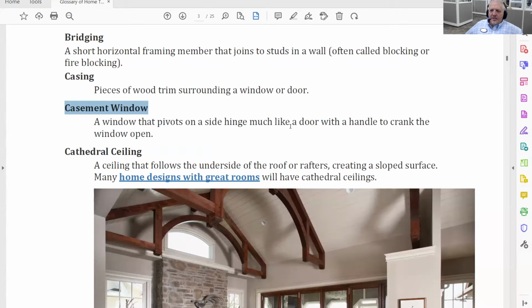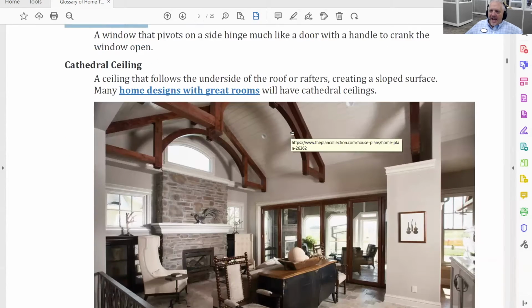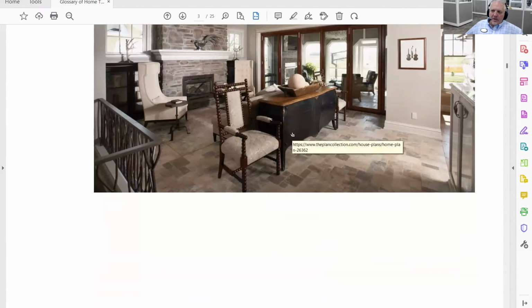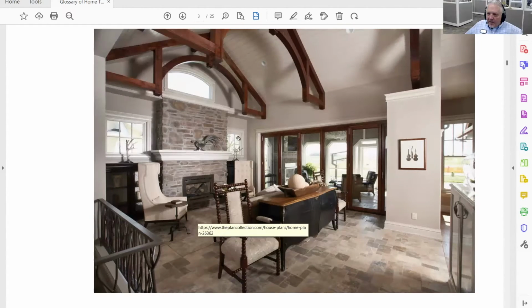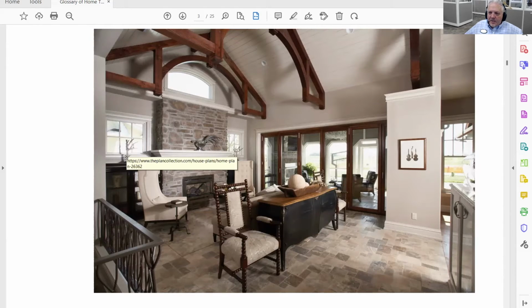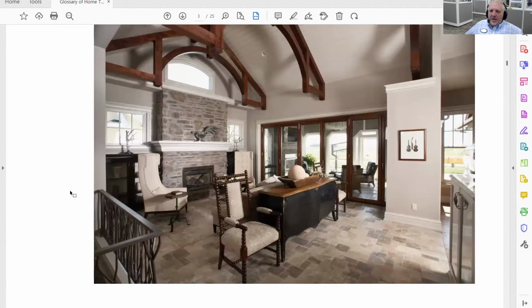Most windows in Georgia are going to be a sash type window, which, well, trying to see on that picture, it's hard to tell if that's a solid window or casement. There might be a crank right there in that picture, but I can't really tell. But most windows in Georgia are sash type, which are the typical type that open up and down and have the sashes that close upon each other.